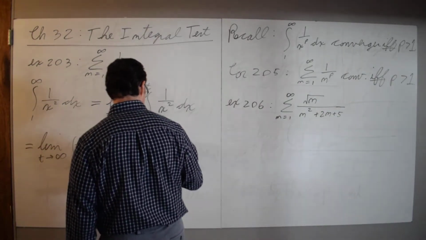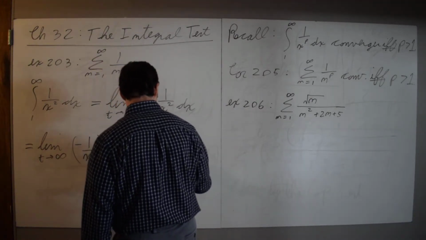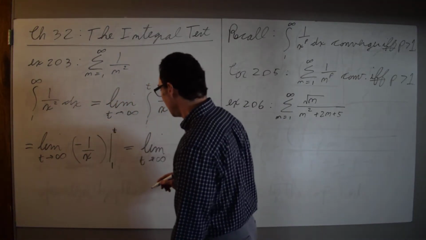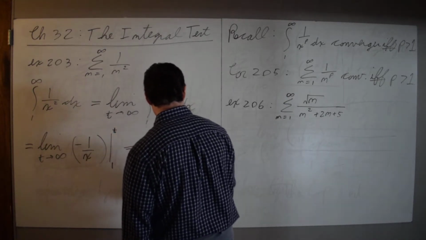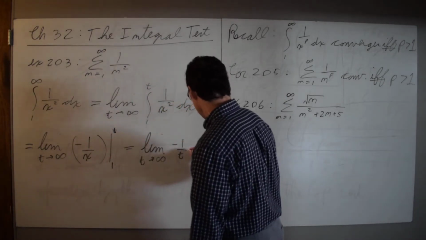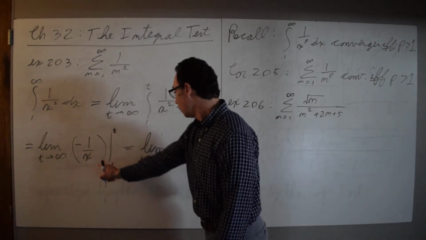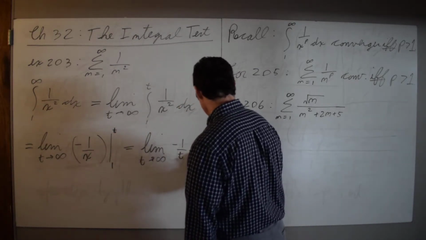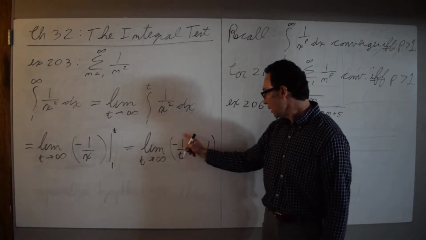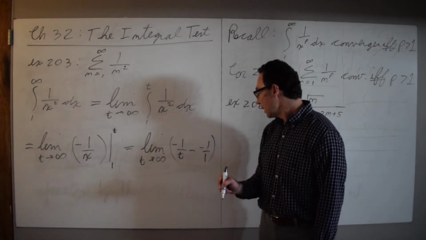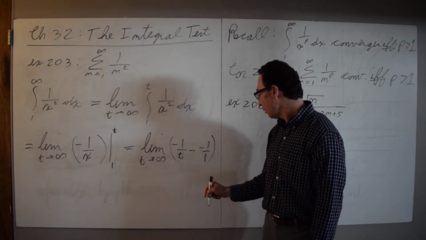This is the limit as t tends to infinity. We will substitute t, negative 1 divided by t, minus what we get when we substitute 1, which is negative 1. As t tends to infinity, 1 divided by t tends to 0, so this limit is 0.